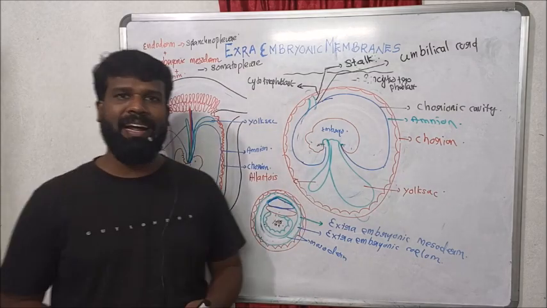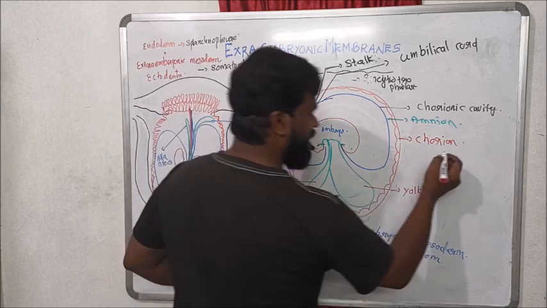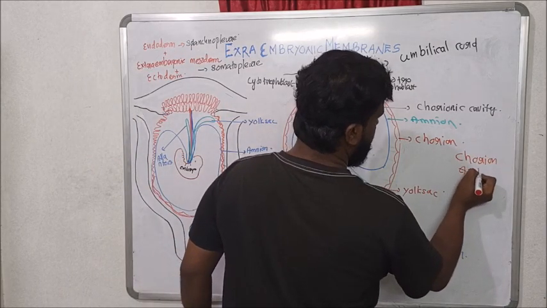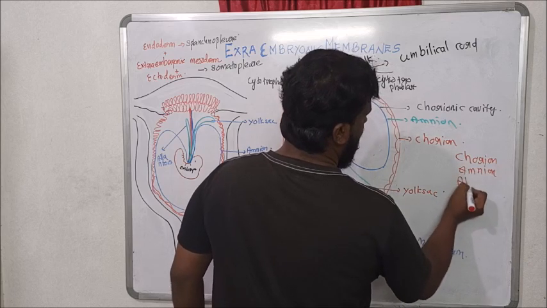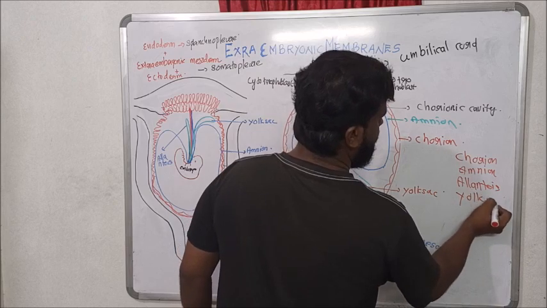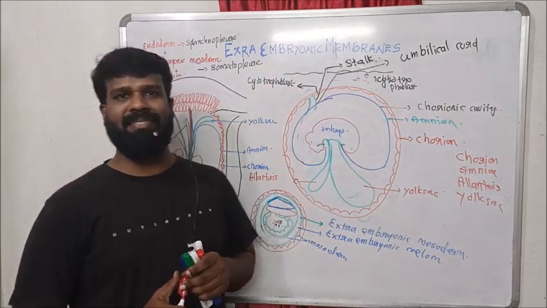So the extraembryonic membranes are chorion, amnion, allantois and yolk sac. Okay.